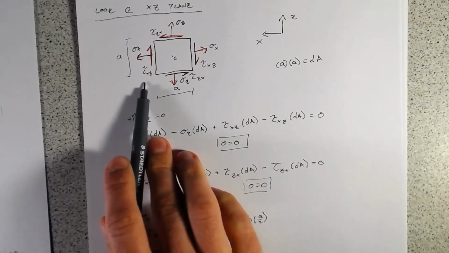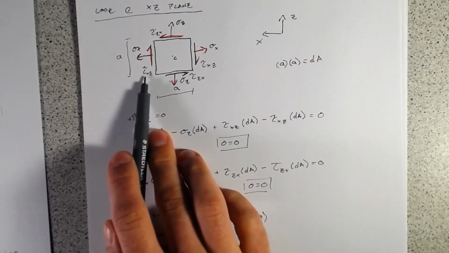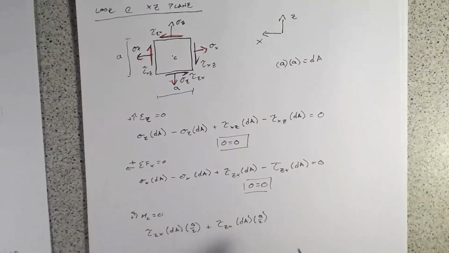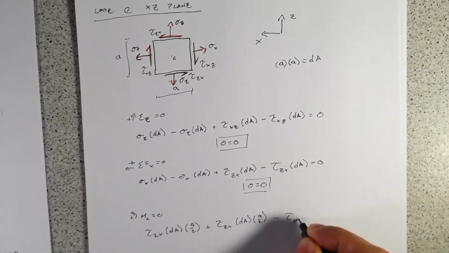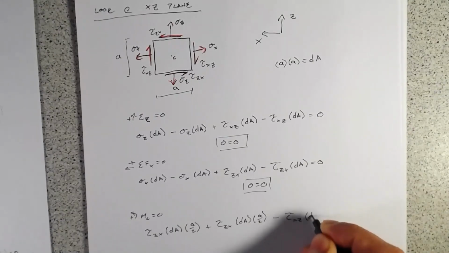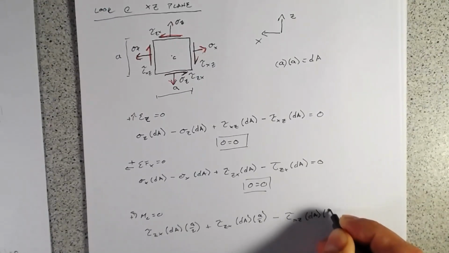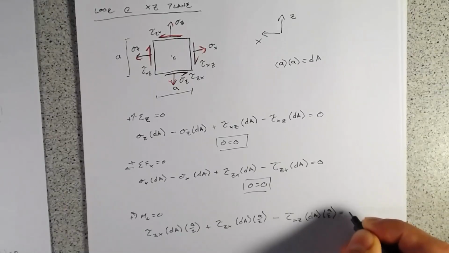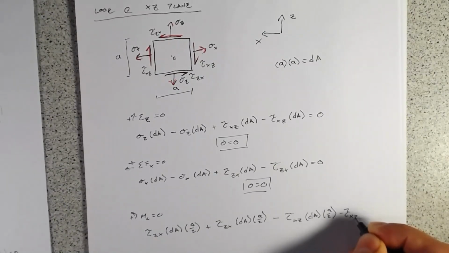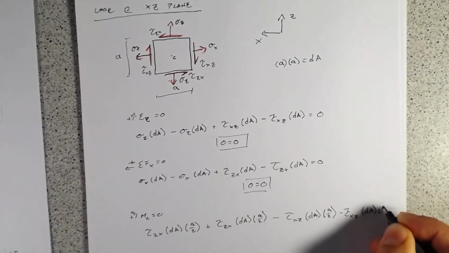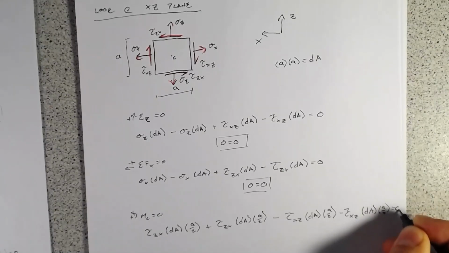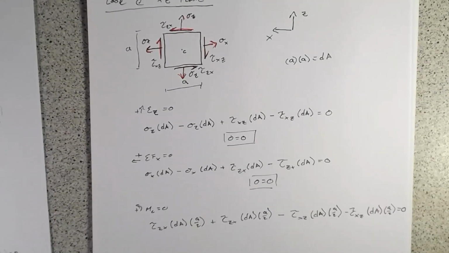And then we've got the tau xz's going in the opposite direction. So you have minus tau xz dA a over 2 minus tau xz dA a over 2, and all of that equals 0.